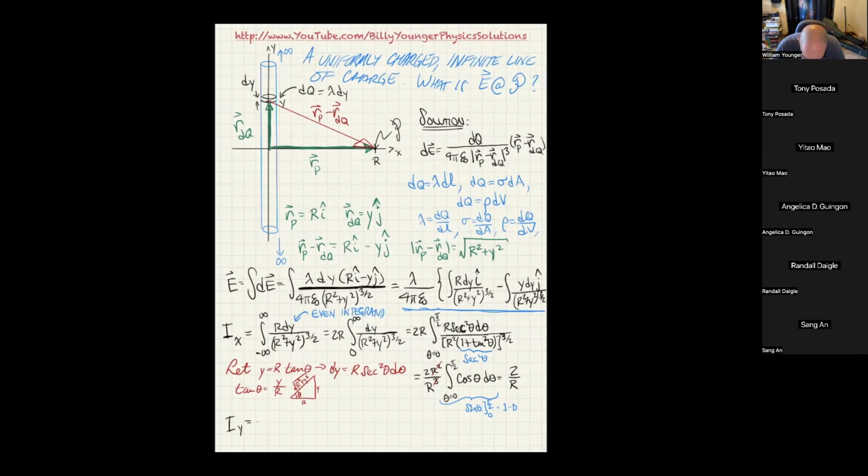But what we're going to have here is the negative integral of y dy over r squared plus y squared to the 3/2 power. Okay. Now, in this case, I want you to realize if I replace y with parentheses, y, close parentheses, and then replace y with negative y, I will get, in fact, the negative of the integrand. So this is, in fact, an odd integrand.